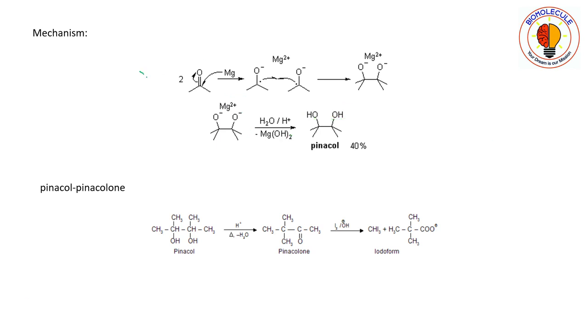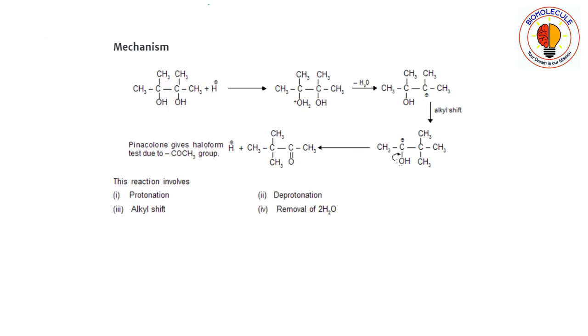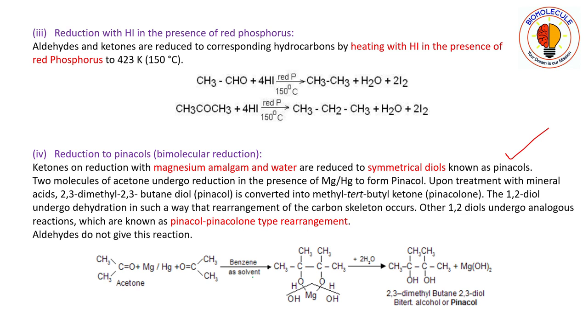So this is the mechanism for the reduction of carbonyls in the presence of magnesium amalgam to give you pinacol. If you consider this, actually this is the main intermediate.